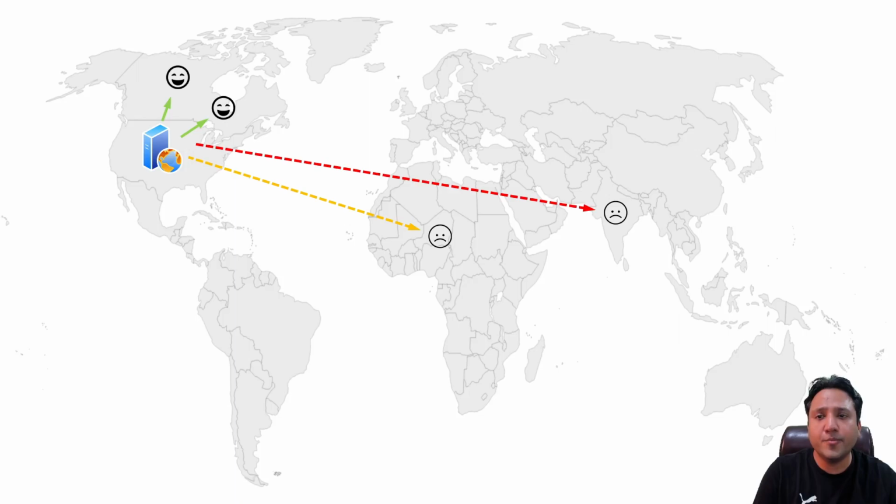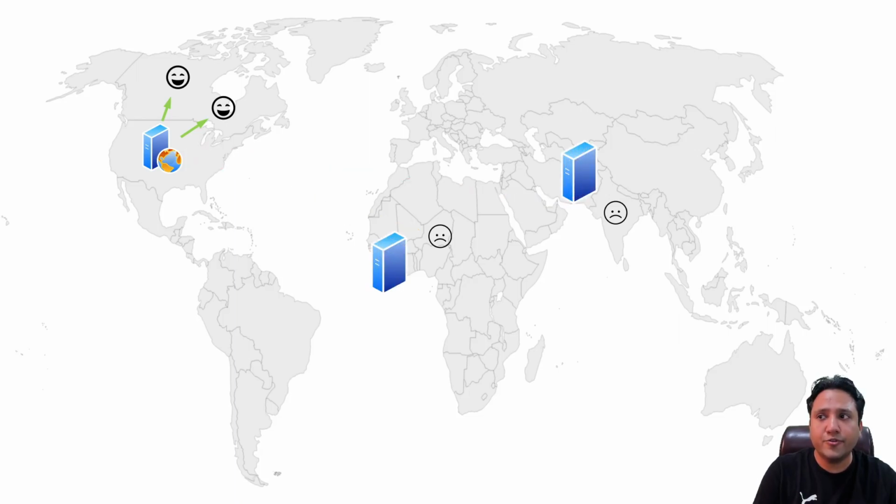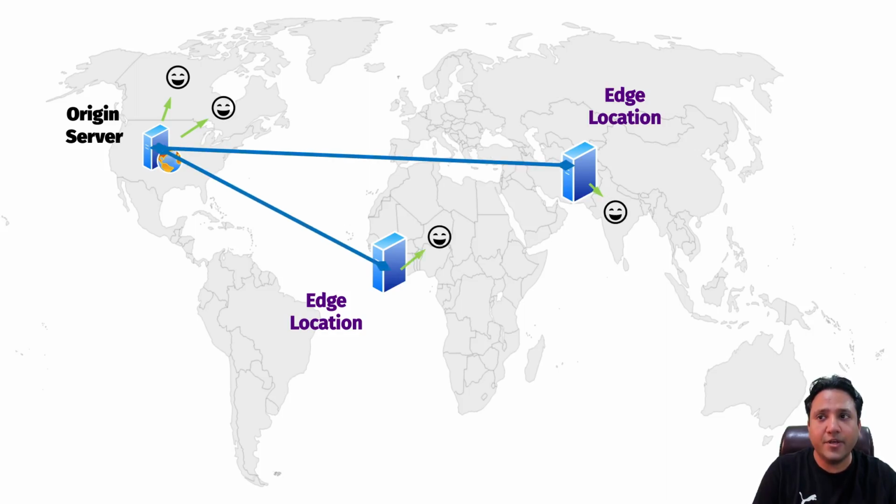In a content delivery network, instead of serving directly from the origin server, there will be multiple servers close to the user that are hosted and act as a proxy. This server is called an edge location, and when the user wants to access the website, they are going to access it from the edge location server.